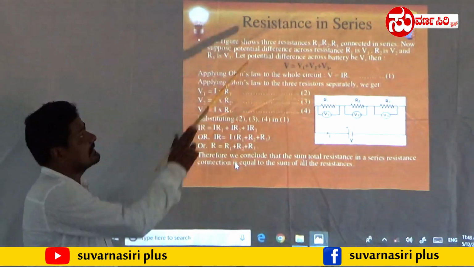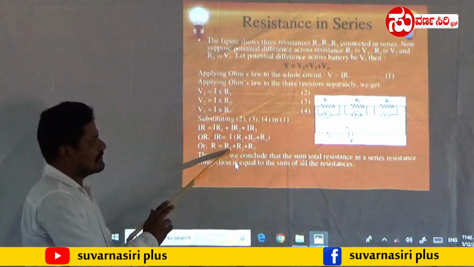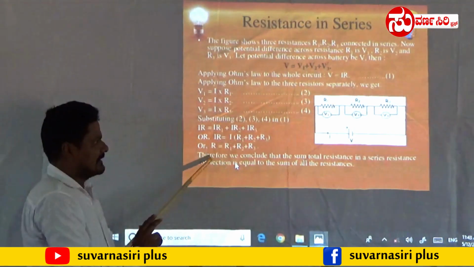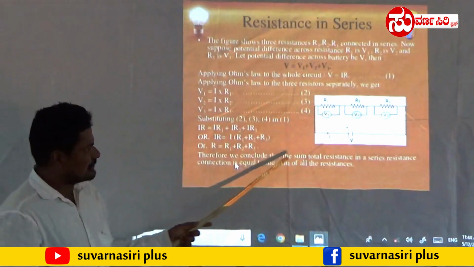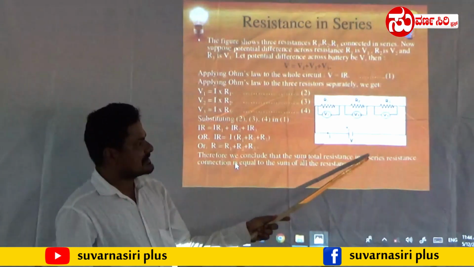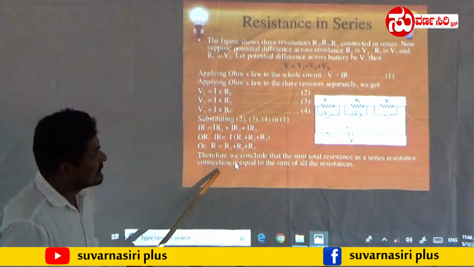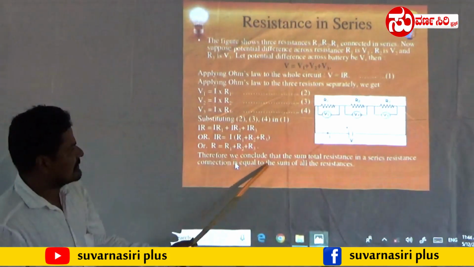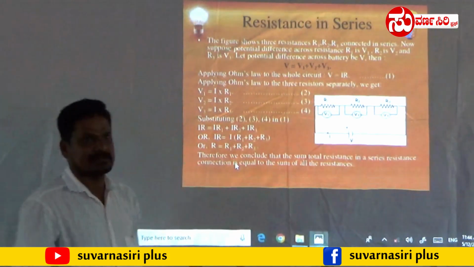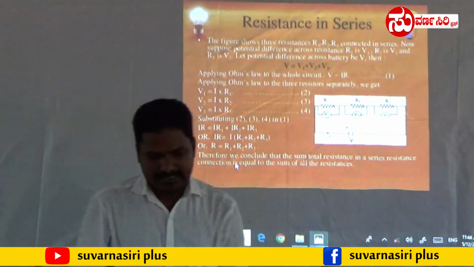Total resistance in series is R equal to R1 plus R2 plus R3. Therefore we conclude that the total resistance in a series connection is equal to the sum of all the resistors.